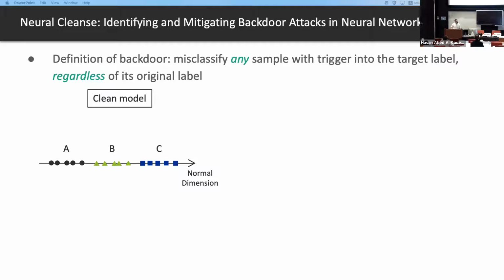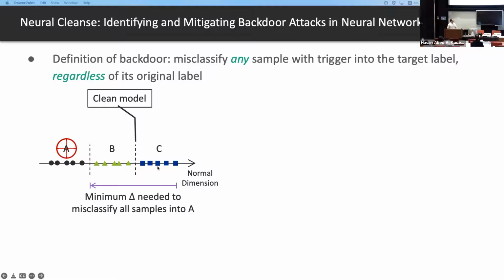So we have three classes, A, B, and C. If you do normal training, training the network as you would without poisoning, then you expect decision boundaries that look like some vertical lines that separate classes A and B, and B and C. Now let's say A will be our target eventually. But let's look at the distances. Say we want to move from class B to class A or from class C to class A. Do you find a very short distance to move all samples from B to A or from C to A? This does not exist.